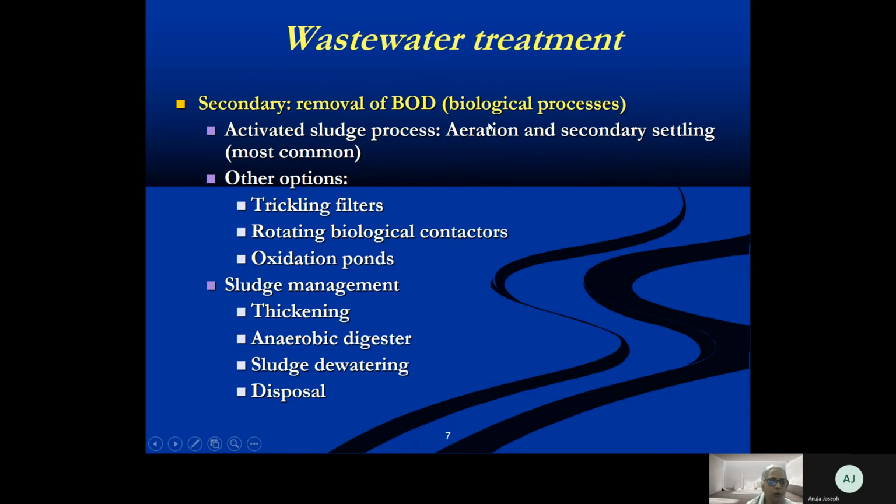The most popular process is the activated sludge process, and it has two parts. One is the aeration tank and the second is the secondary settling tank. The secondary settling tank is also called the secondary clarifier. Clarification means you are allowing the material that is in suspension to be removed by settling.